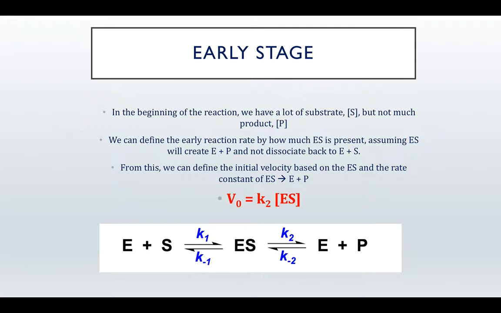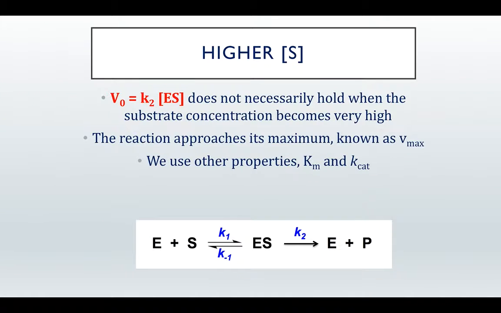This is the simplified version, but since it doesn't apply to all times of the reaction, we have a different equation for whenever our substrate concentration and product concentration starts to increase and decrease throughout the reaction coordinate and the time that our reaction is happening. So like I said, it changes over time.